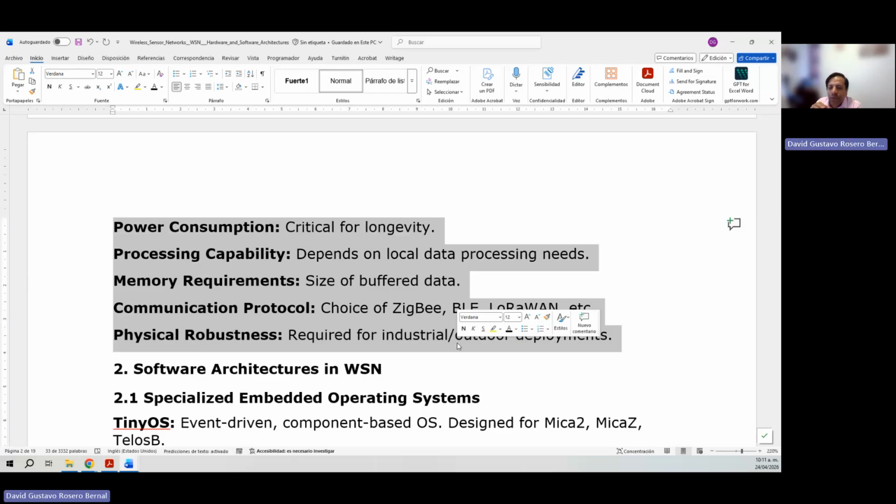Energy-efficient MCUs and radios are critical. We could include as well the processing capability, because applications requiring local analytics, anomaly detection, or preprocessing demand powerful processors. We need to consider as well the memory constraints.